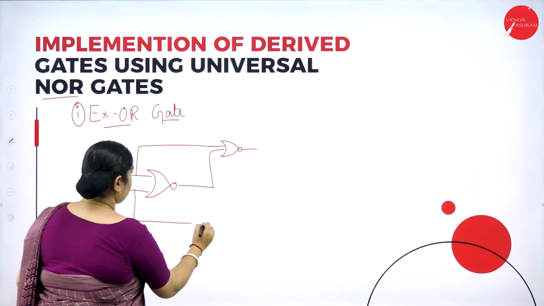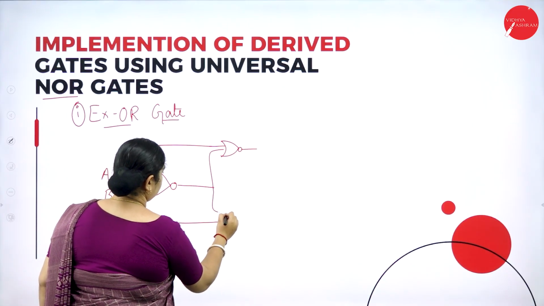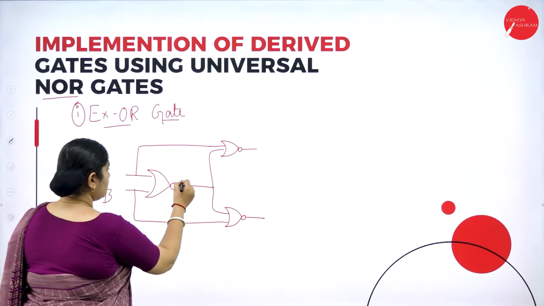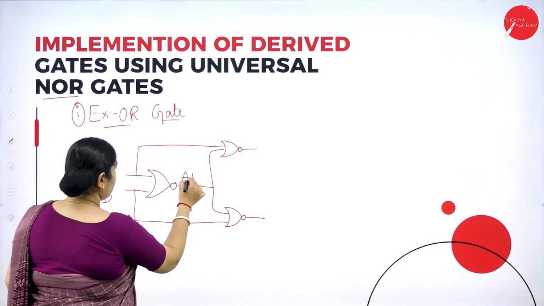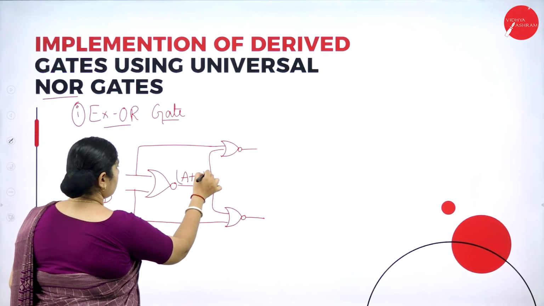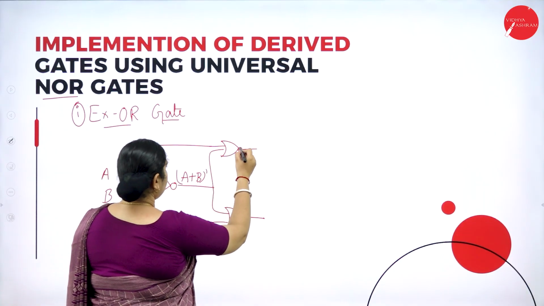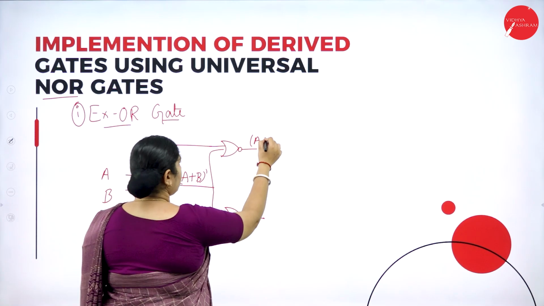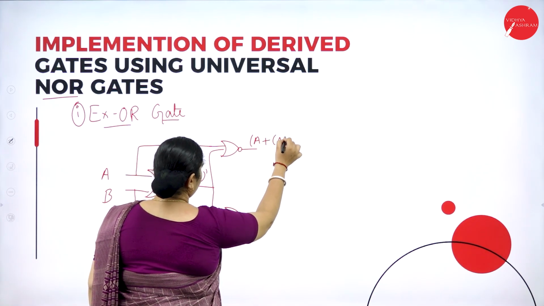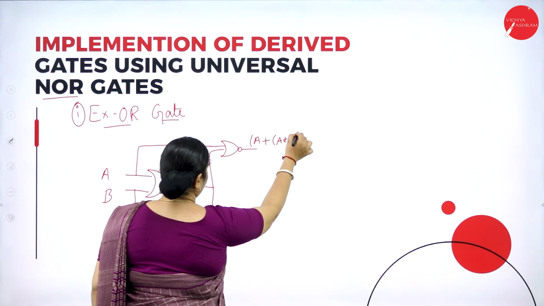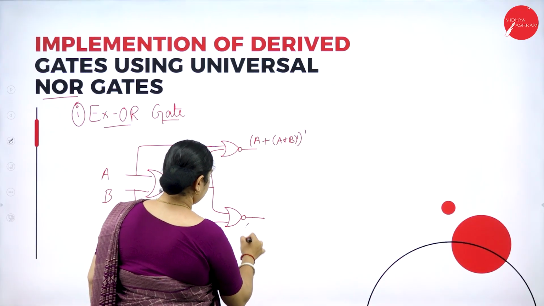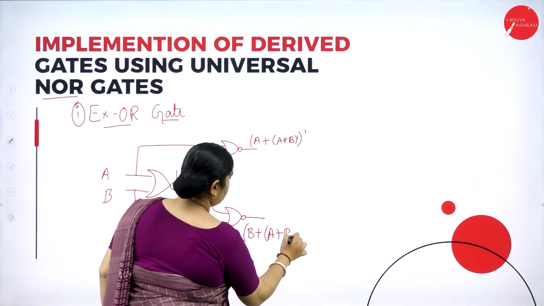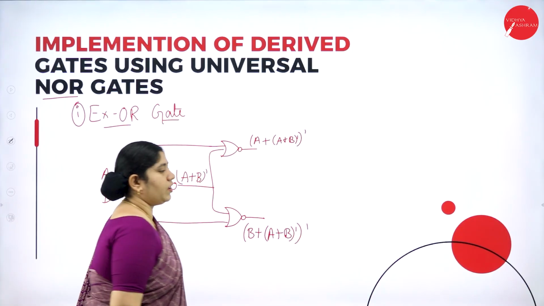Similarly, I have to pick one more and draw one more NOR gate. Let's write here. It will be A plus B whole bar, and similarly, it is B plus A plus B whole bar.